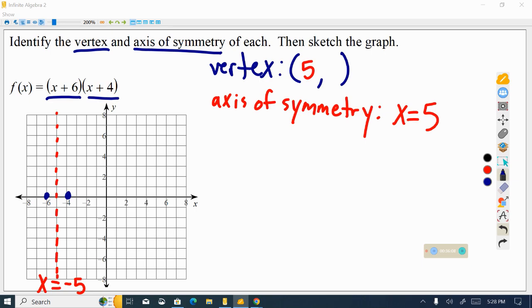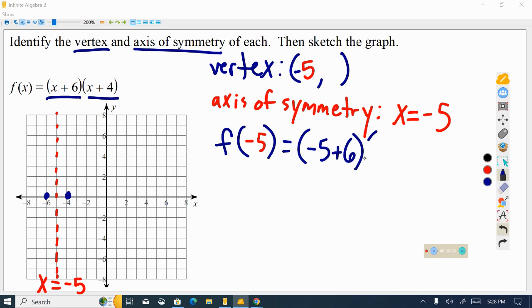So that means that I have to calculate f of, sorry, not +5, but -5. I wrote it correctly over there. So we have -5 here. So let's calculate f of -5. And what that means is to plug in -5 everywhere we see x, and we copy everything else.